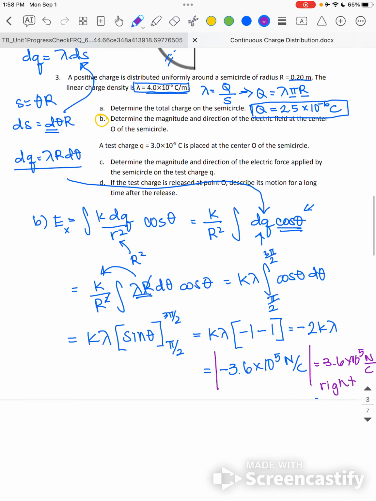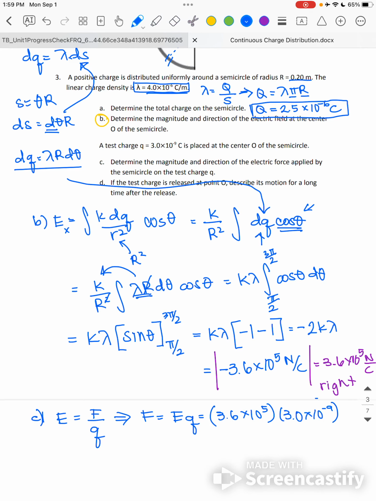Okay. The next thing is to determine the magnitude and direction of the electric force applied by the semicircle on the test charge. Again, because we have our electric field, and we know that it is equal to force over charge, we can solve for force by taking the electric field times that charge, which is 3.6 times 10 to the 5th times 3.0 times 10 to the -9th.